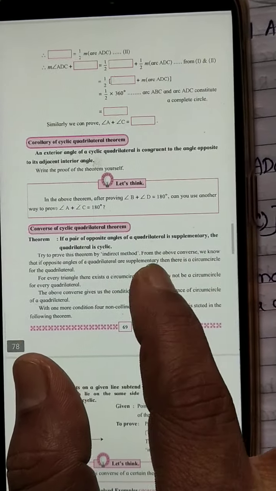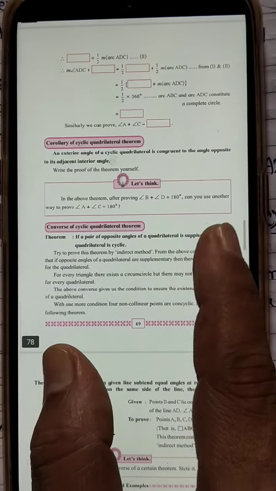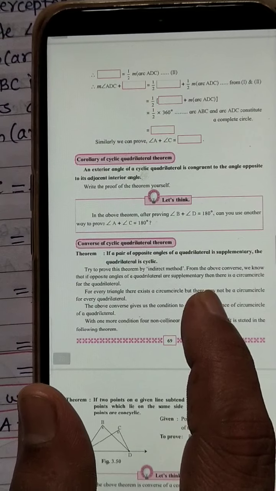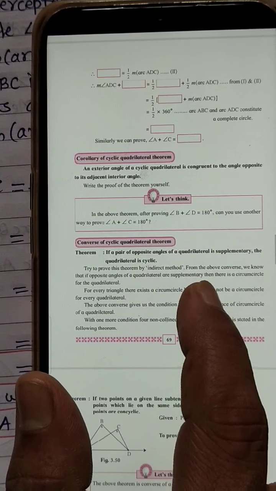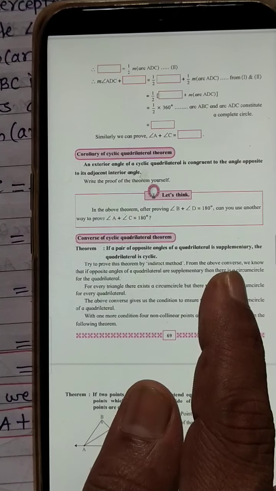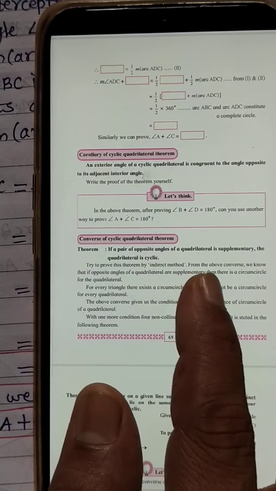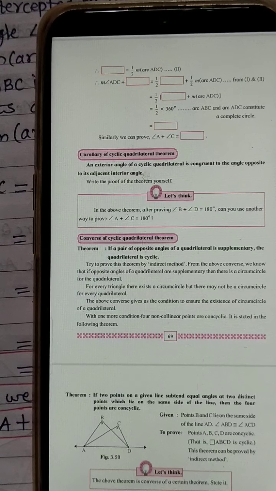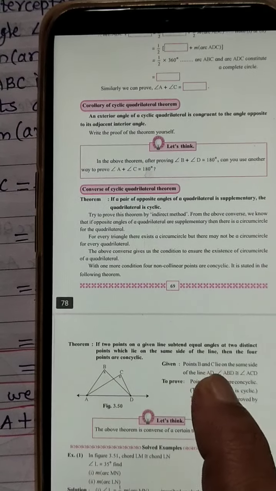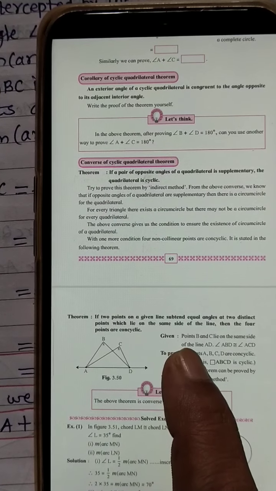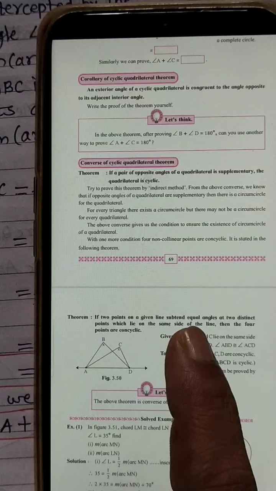Once again I am telling you, if a pair of opposite angles of a quadrilateral is supplementary, the quadrilateral is cyclic. Okay, now the important theorem is also, means the statement of a theorem is important, not the total theorem.